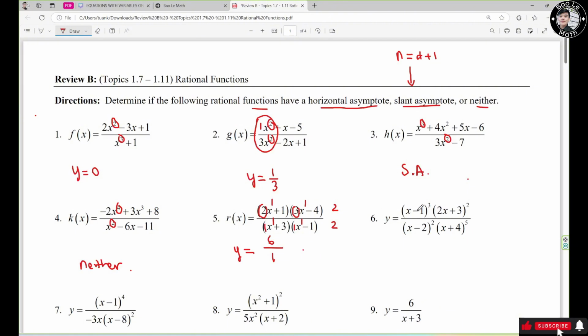Now question 6, the degree of this one is 3 and this one is 2, so the total is 5. This one is 2 and this one is 5, so the total is 7. So the degree of the numerator is 2 units less than the degree of the denominator, and you have the horizontal asymptote y equals 0.